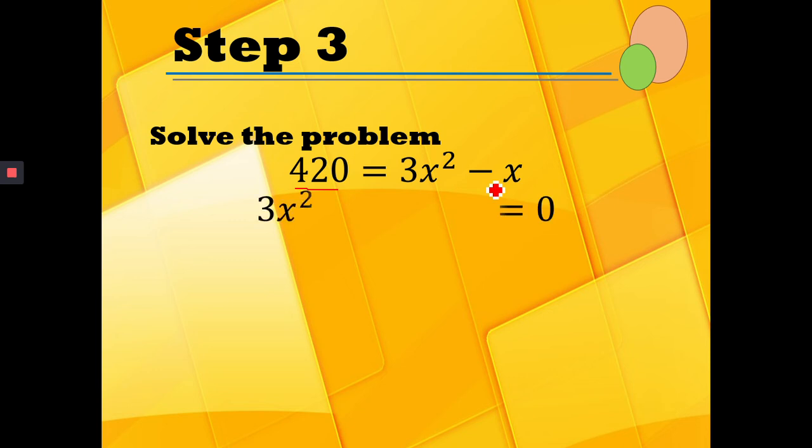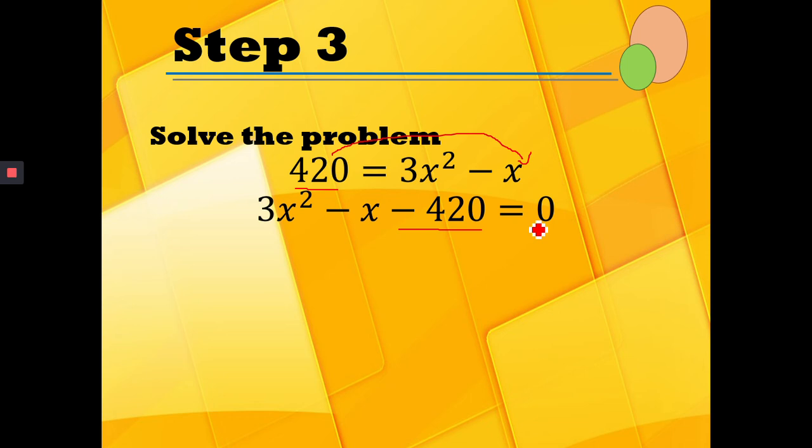Next, of course, we're just going to transpose 420 to the other side. So lipat lang natin siya dito. So from positive, it becomes negative. So it becomes 3x squared minus x minus 420 equals 0. So this is a quadratic.